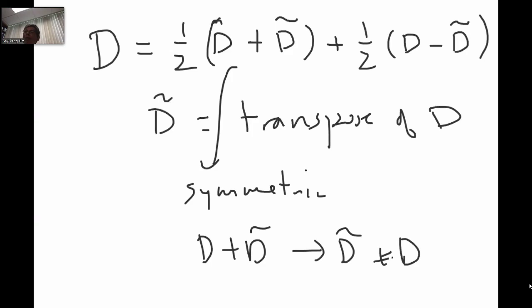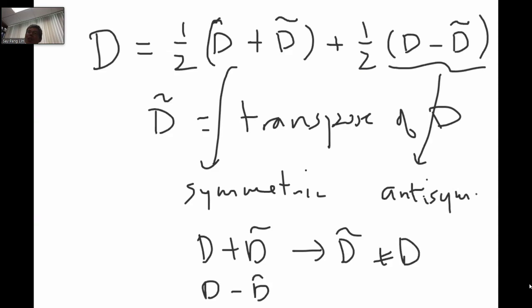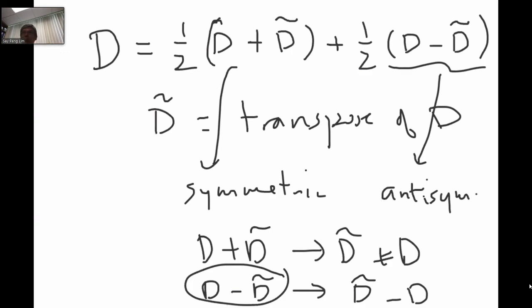Whereas this is the anti-symmetric part. Because if you take D minus D tilde and take the transpose of it, you get D tilde minus D, which is exactly the negative of this. So you know this is an anti-symmetric part.